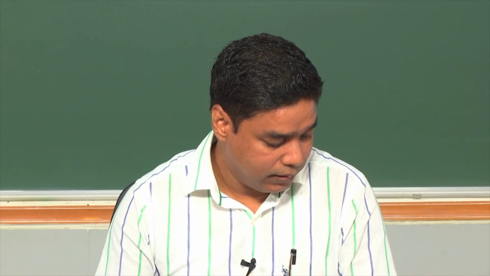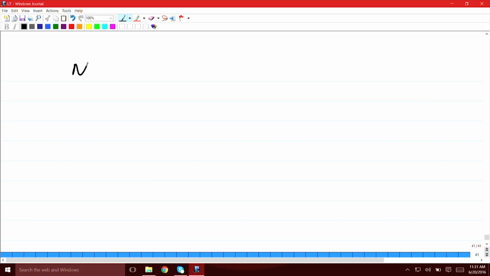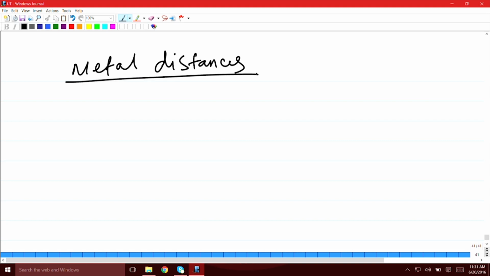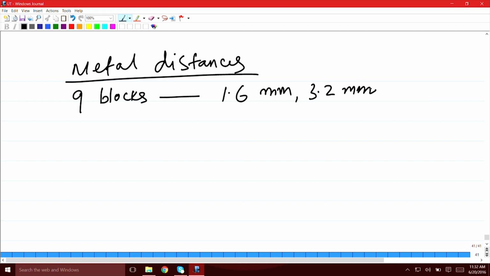So, in these 19 blocks, these are the metal distances you have. You have 9 blocks with these metal distances: 1.6 mm, 3.2 mm through all the way to 25 mm in increments of 3.2 mm.